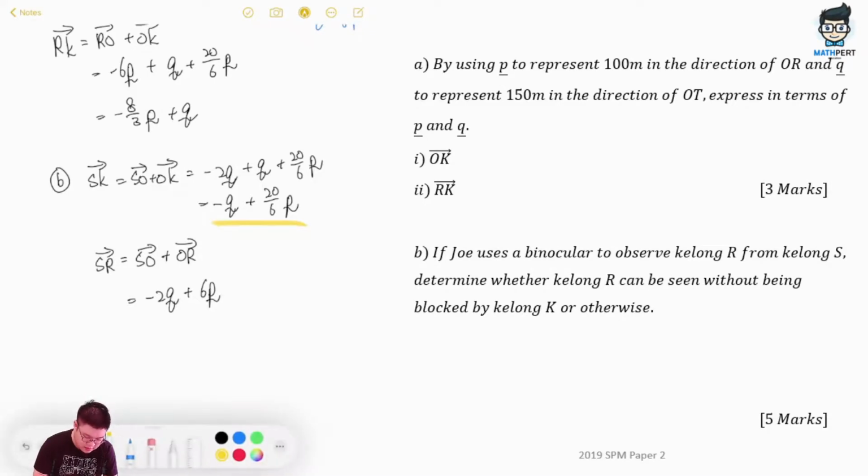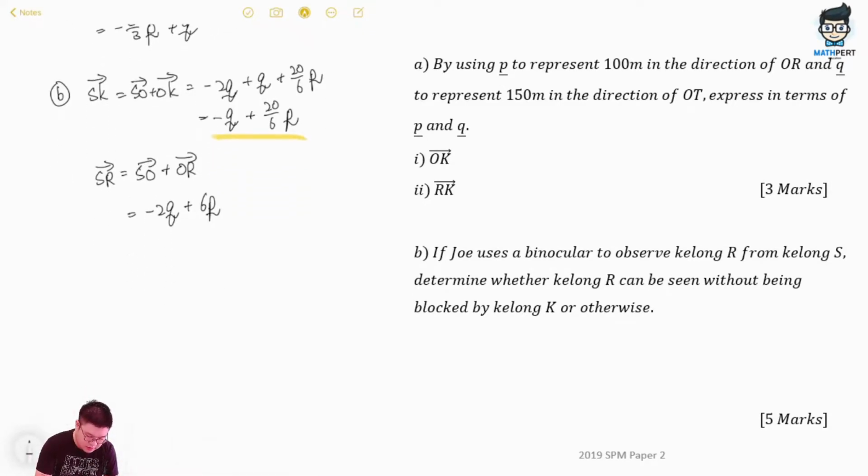So let's see. Can they express in terms of each other? Okay, that means when SK over SR or SR over SK, they must be equal to a scalar. So when they equal a scalar, a constant, that means they are on a straight line, right? So let's see. SK over SR. SK is negative Q plus 20 over 6P.